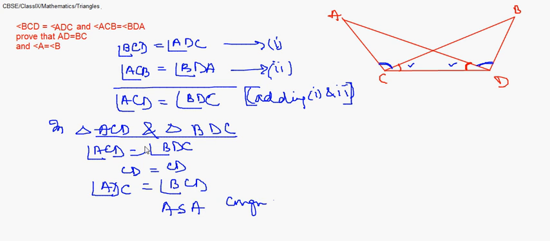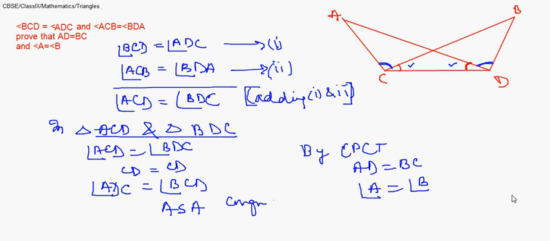Once you prove the congruency of these two triangles, by CPCT, AD one side equals BC. Similarly, angle A will also be equal to angle B. This is both by CPCT.